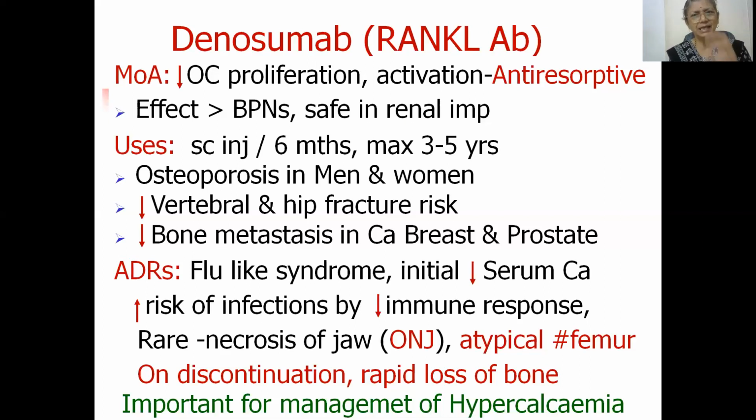So if these RANK ligands are not allowed to work, then when we suddenly discontinue, there is rapid loss of bone. So whatever we're trying to block is occurring even faster. So again, denosumab, though it has been found to be effective in osteoporosis and preventing fractures, remains an important drug for controlling hypercalcemia.